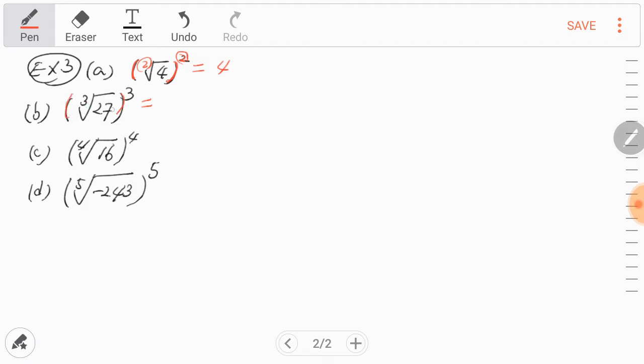The cube root is raised to the third power, so just take this 27 out. Even this one, the fourth root is raised to the fourth power, so take the radicand out. Even this one, the fifth root of something is raised to the fifth power, so take the radicand out. Simple.